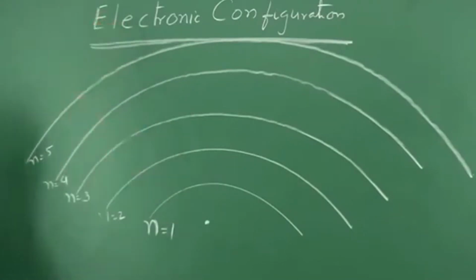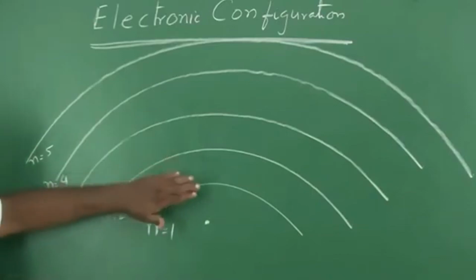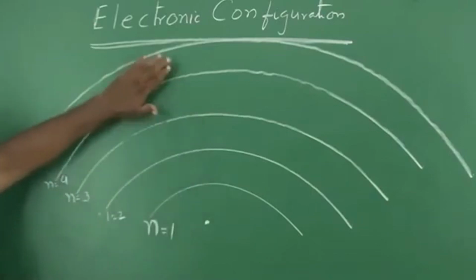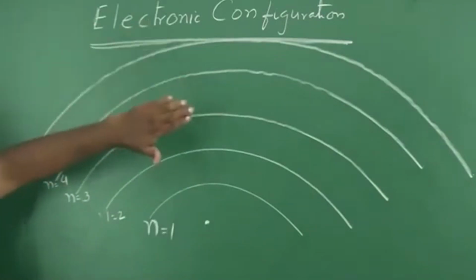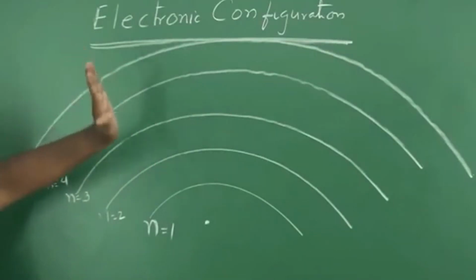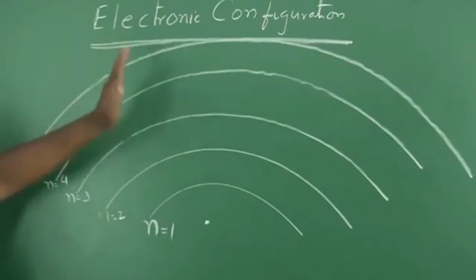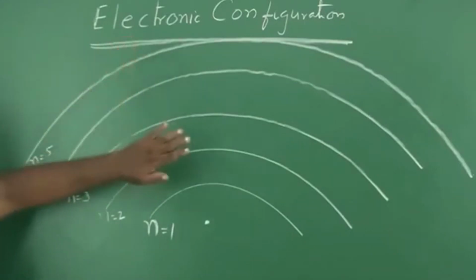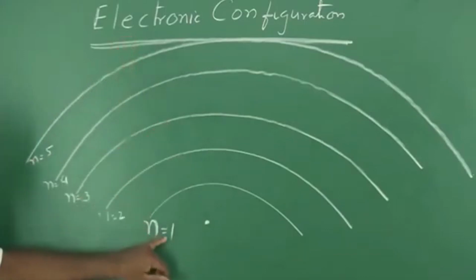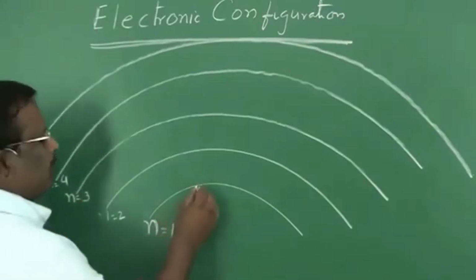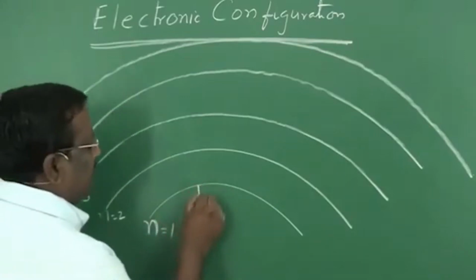Now, according to the azimuthal quantum number, or angular momentum quantum number, each main energy level will have certain sub-energy levels. And the number of sub-energy levels present in each main energy level is equal to its n value. So for n equal to 1, only one sub-energy level is there.